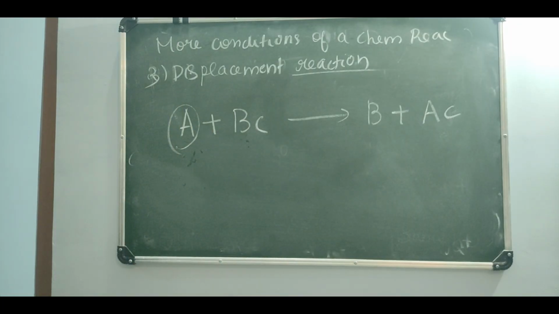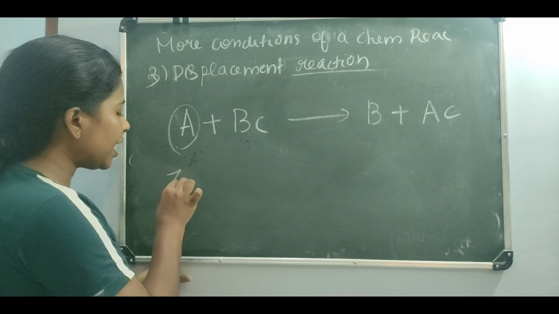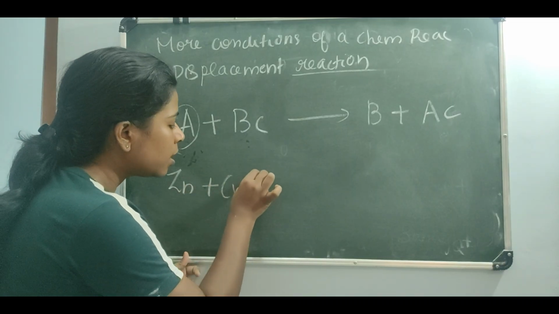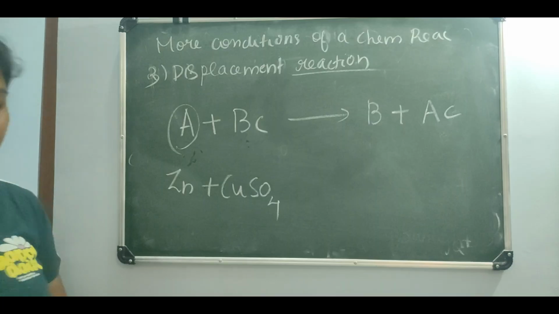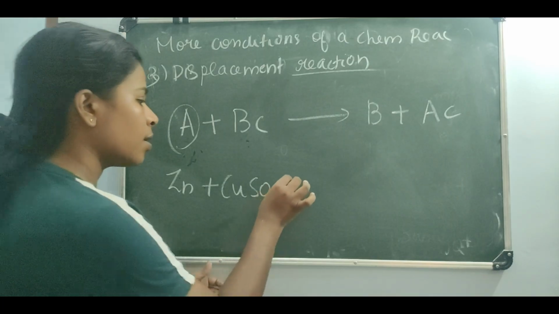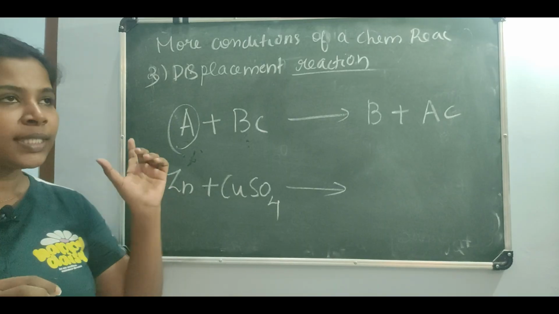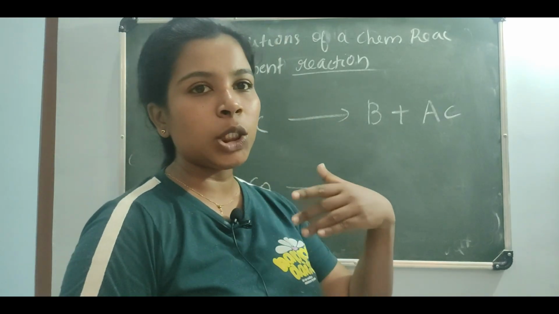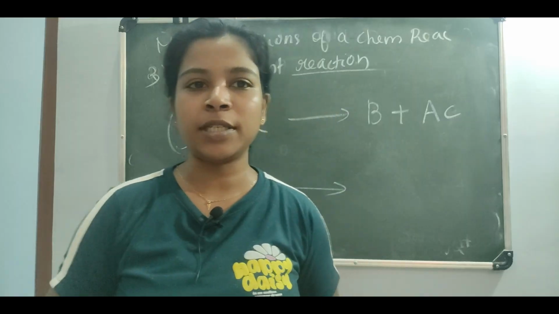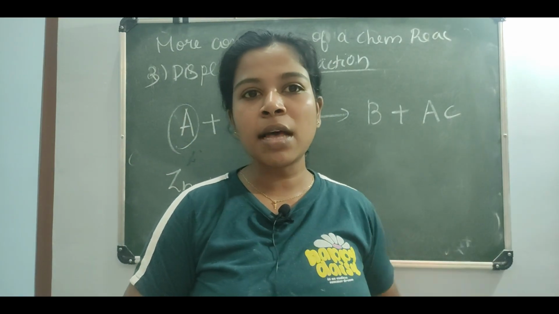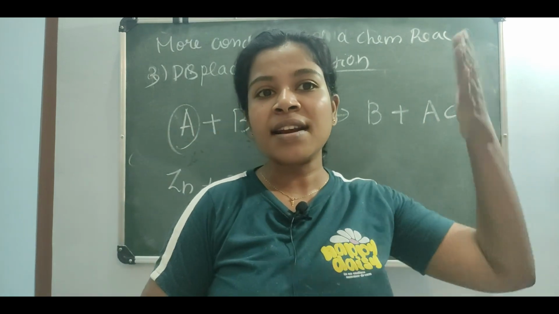Okay. For example, zinc is combining with copper sulfate. Here, zinc is more reactive than copper. See, there is a reactivity series. You will learn that in your third chapter. Okay, I'll teach you that in your third chapter. In that, the elements are arranged according to their reactivity.